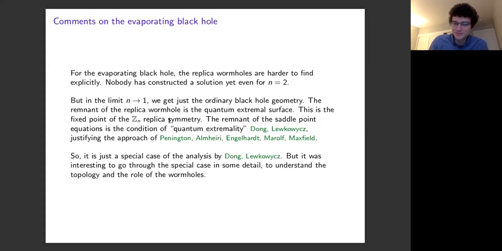And it's not so obvious from the limit n goes to 1. So, okay, that is to say that the evaporating black hole works in a very similar way to the model that we just discussed. The difference is a technical difference, which is that the integer replica wormholes are harder to find analytically. You can find them in SYK.